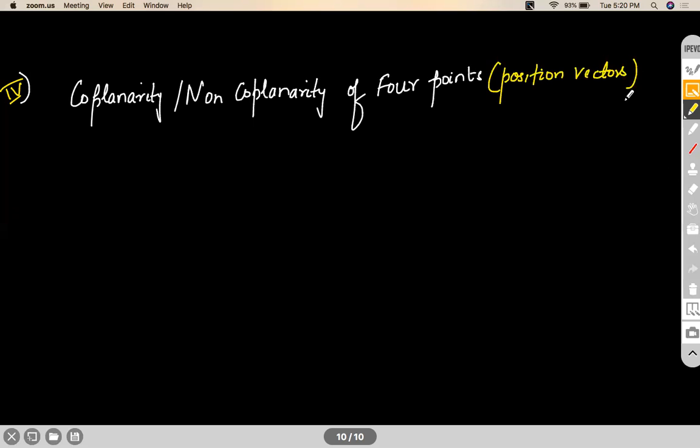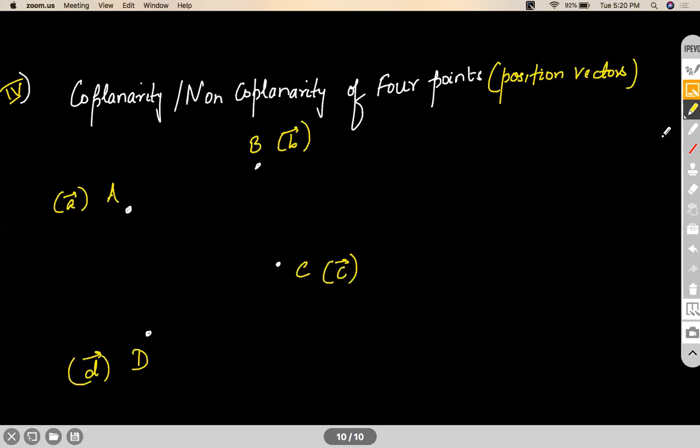Now here the approach is pretty simple. If you have been given, let's say, 4 points like this, A, B, C, D, where A has position vector of small a, B has position vector of small b, C has position vector of small c, and D has position vector of small d.